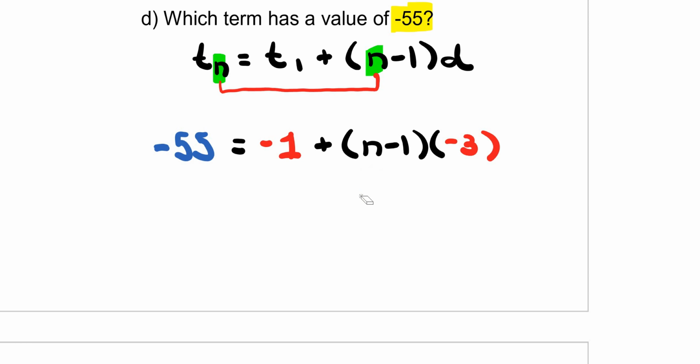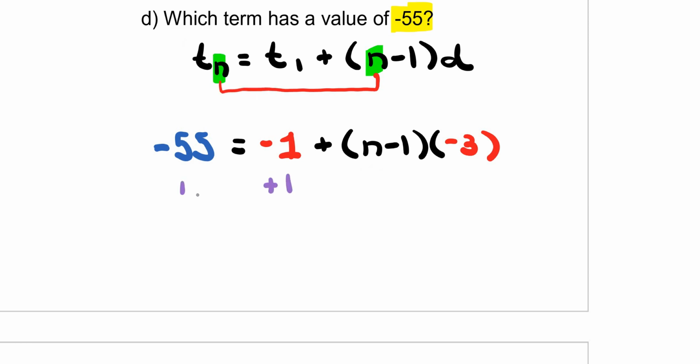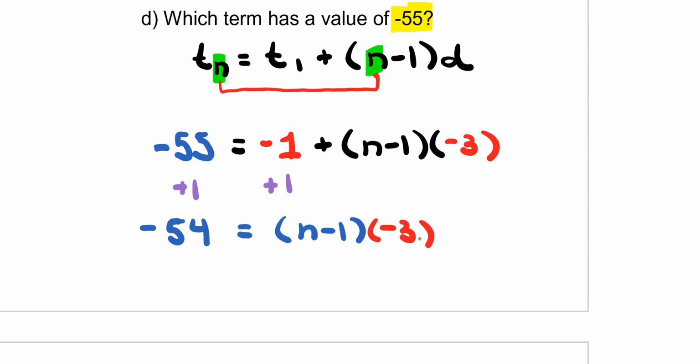Okay, let's go ahead and do a little bit of algebra here now. So I recommend that you just add the 1 here, add the 1. So negative 55 plus 1 will be negative 54 equals, bracket n minus 1 times the negative 3. Now at this stage here, I don't recommend that you distribute by the negative 3.